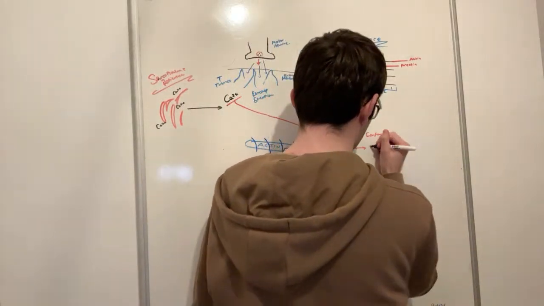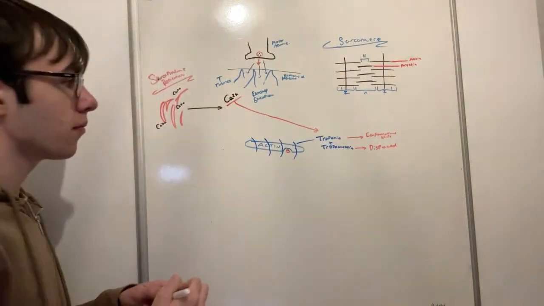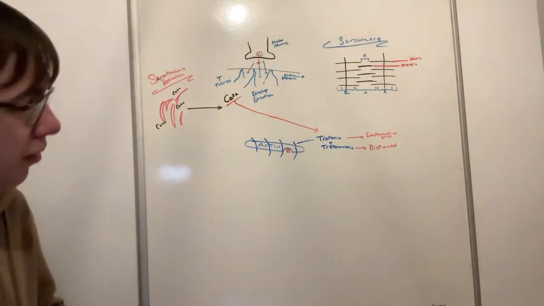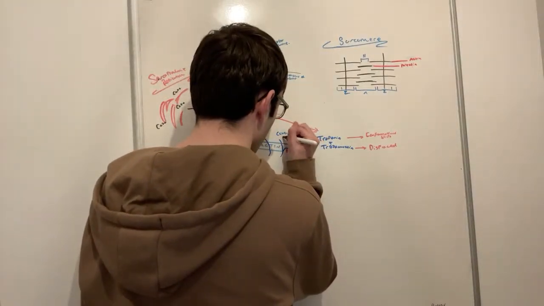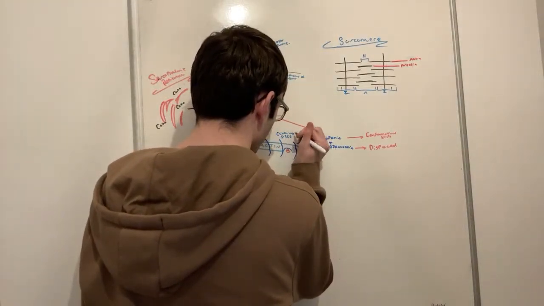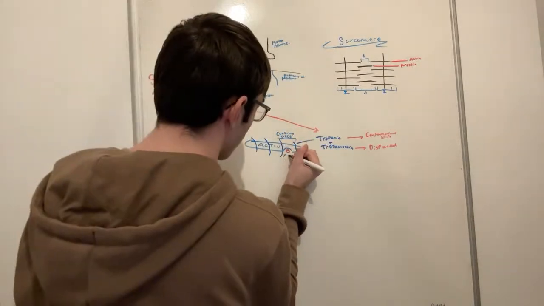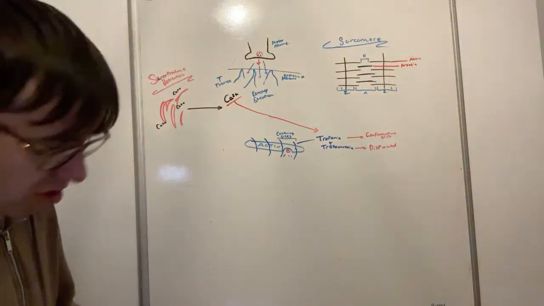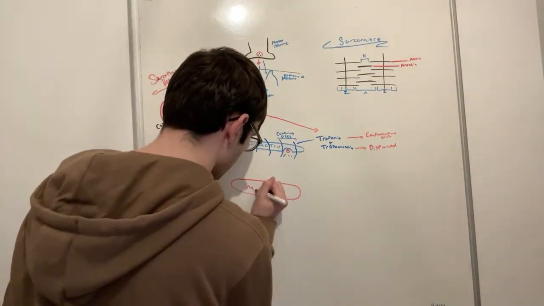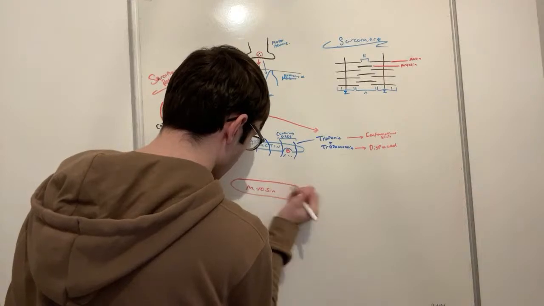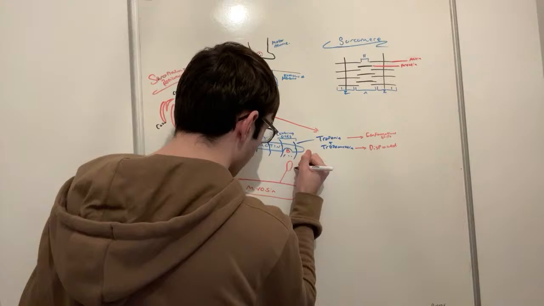Tropomyosin is going to be displaced. So these were initially covering the binding sites, but now it's open, which allows our myosin to come along and bind with it.